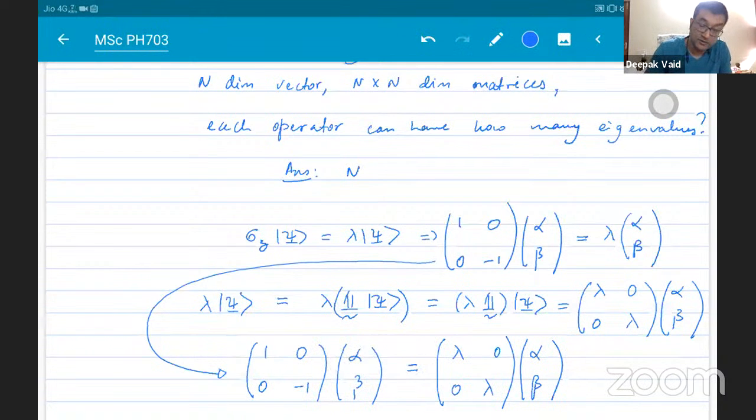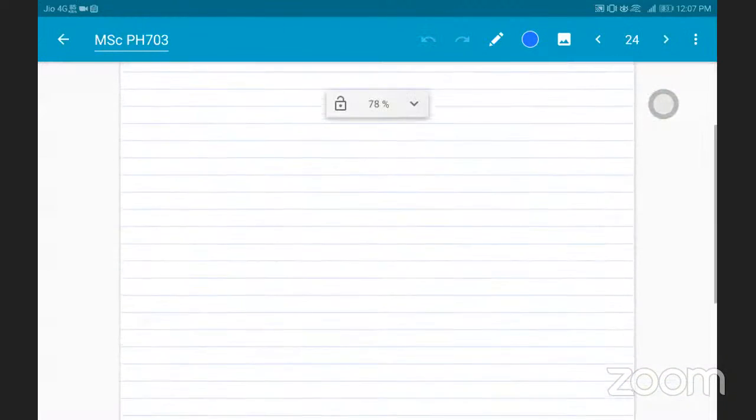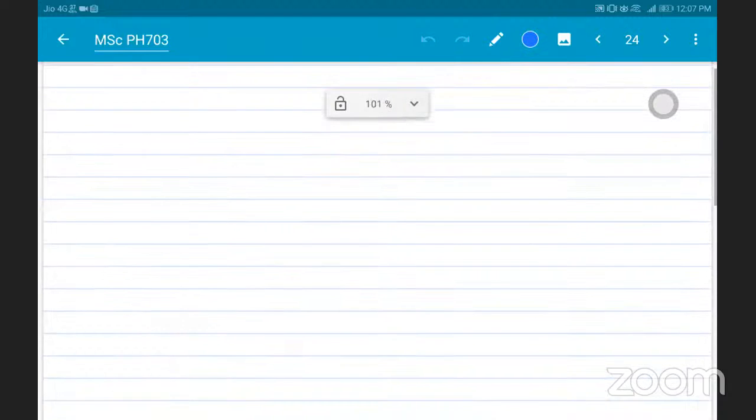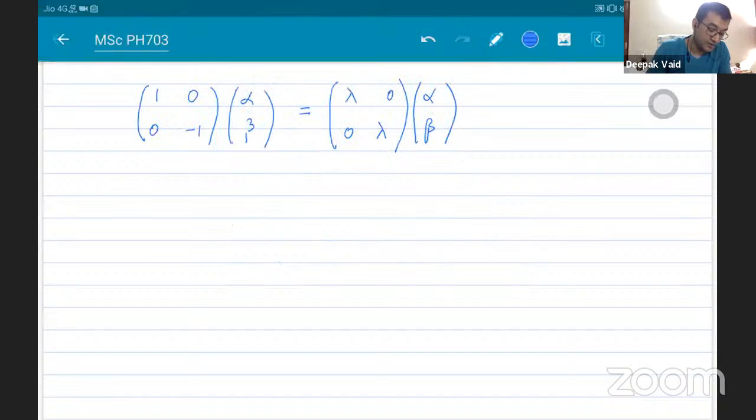Any questions so far? Okay. So now we can solve this equation. How do we solve this equation? We can take both of the expressions onto one side. Now this is a matrix. This is also a matrix, lambda I. So the whole thing can be written as one equation.